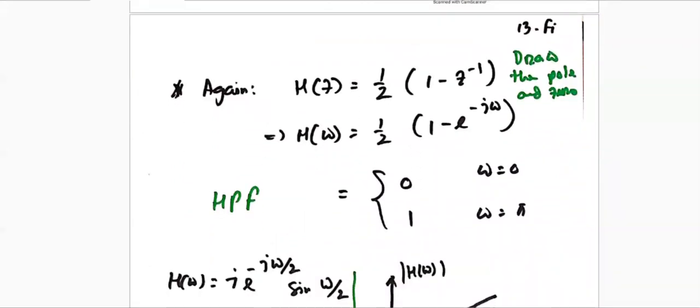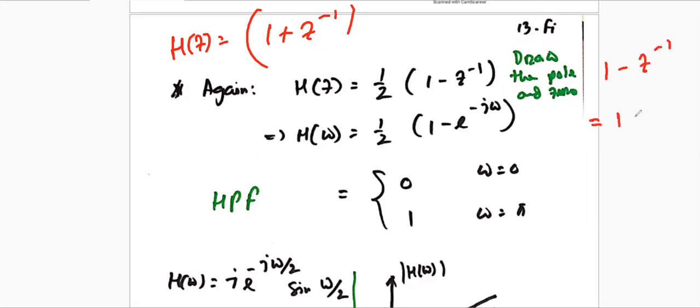Again, in the previous section, H(z) was 1 plus z to the power minus 1. Now, if we have 1 minus z to the power minus 1, how does it look? z to the power minus 1 is 1 divided by z, so 1 minus 1 divided by z, that is (z minus 1) divided by z.